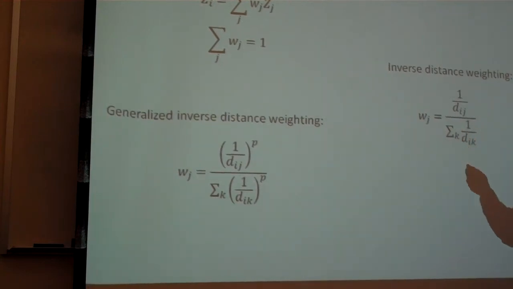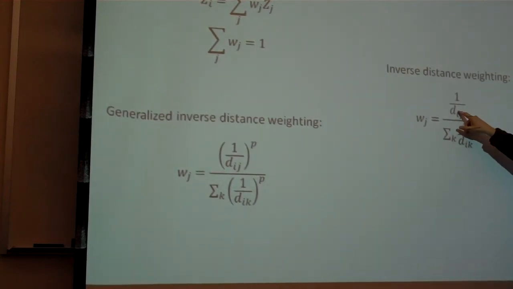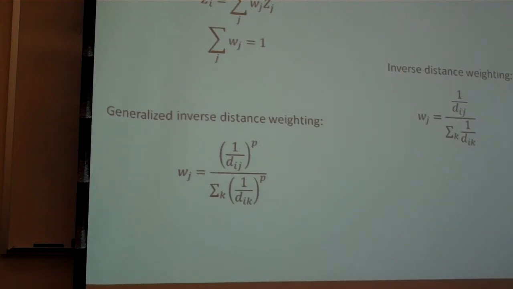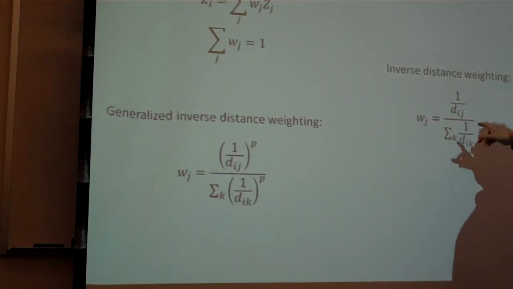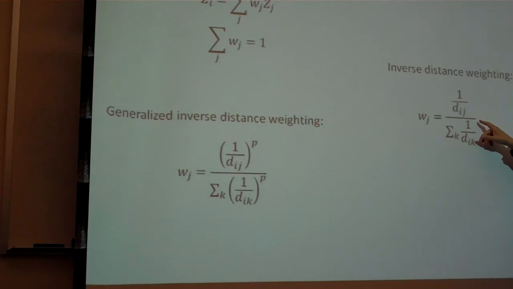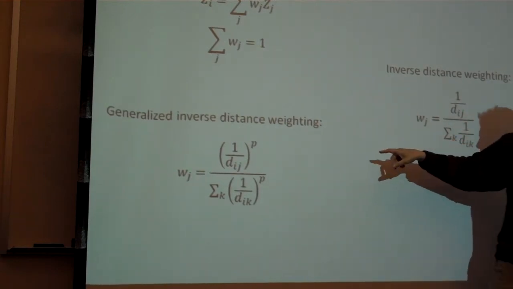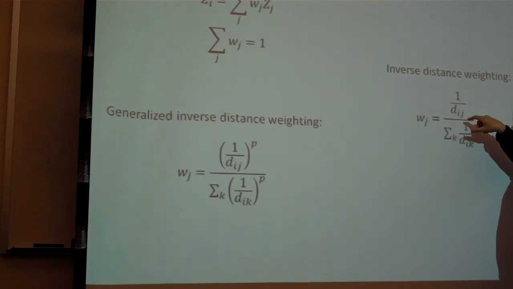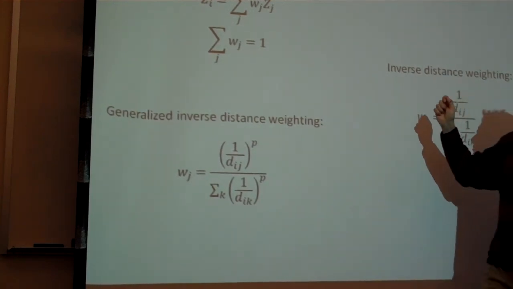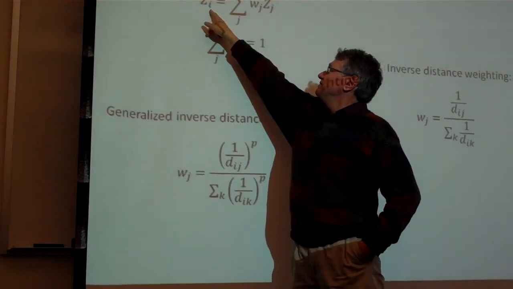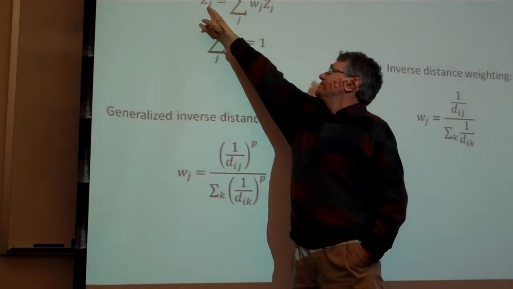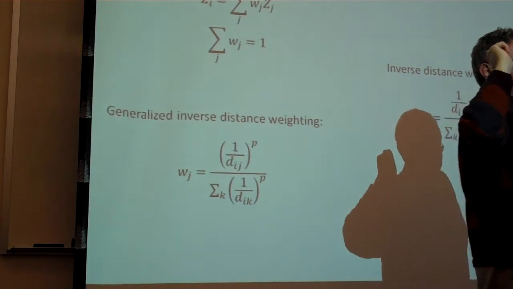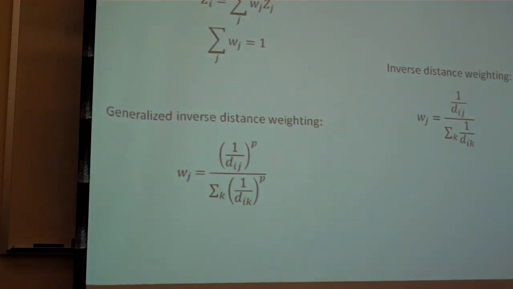Well, we can make an arbitrary rule, or in fact, if we just take the limit as the distance goes to 0, it turns out that regardless of P, as long as P is greater than 0, all of the weight will be in that one point. And so if d_ij is 0, you'll just get z_i equals z_j.